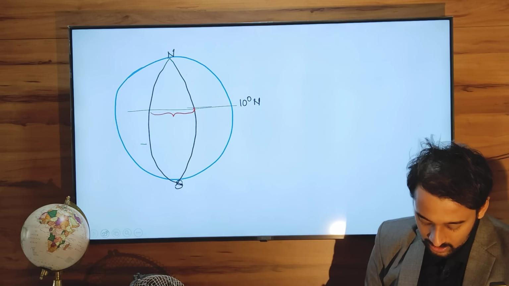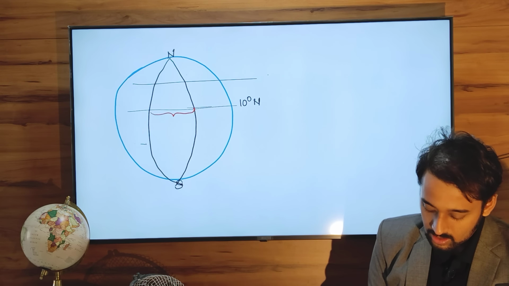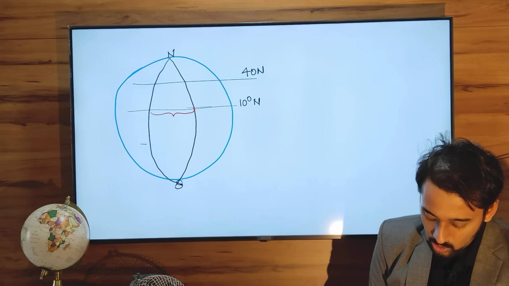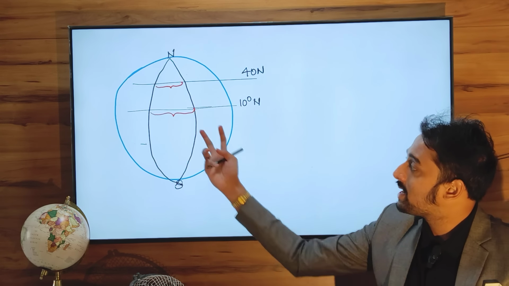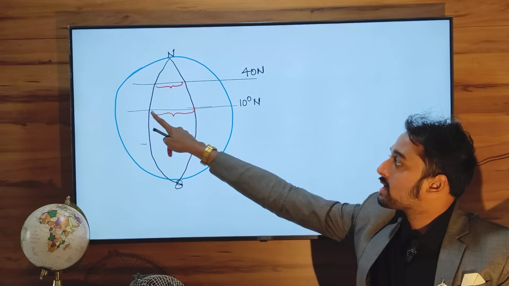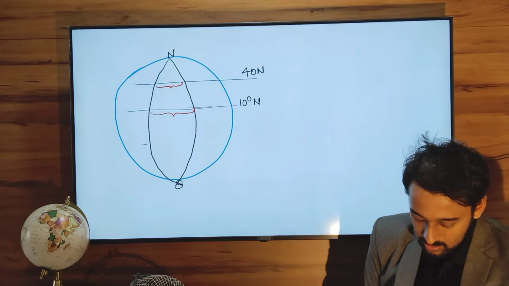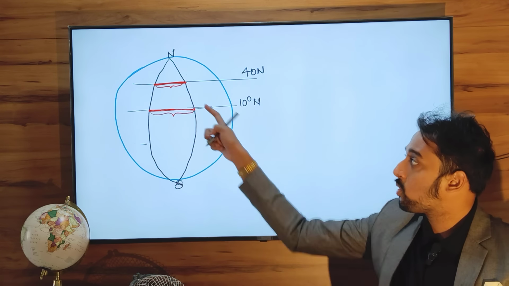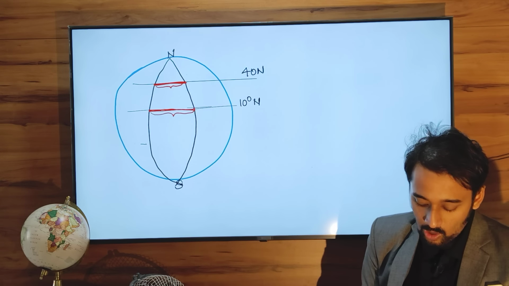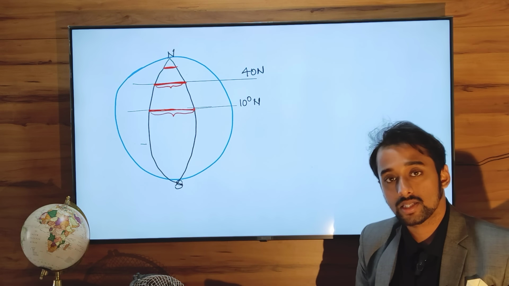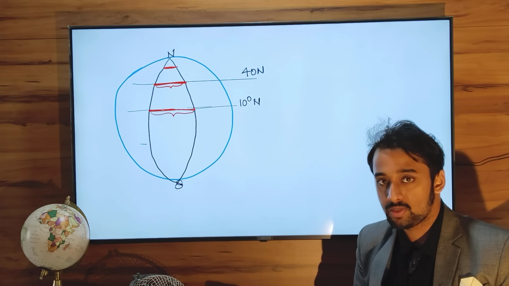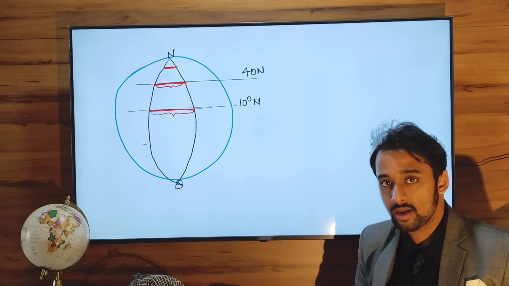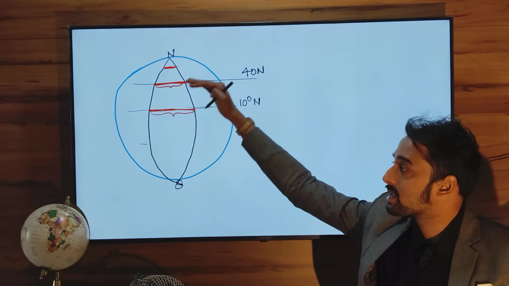When you go to a higher latitude, let's say 40 degrees north, the same distance between these two longitudes will decrease. See, here it was this much, here it has decreased. Again, when you go higher up the latitude, the distance between two longitudes will decrease. The d long will remain the same, but the distance will keep on decreasing.